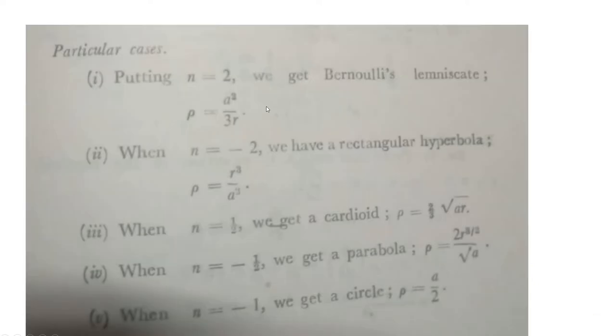Now on the particular case, we know that rho is given by this. When n equals 2, what happens? When n equals minus 2, when n equals half, then n equals minus half, these are particular cases. So correspondingly, what is it that you get? The curves are named accordingly, it will be a rectangular hyperbola. So you have r power n equal to a power n cos n theta.